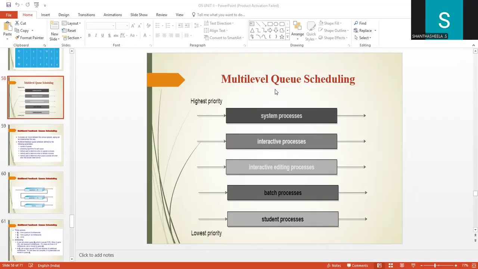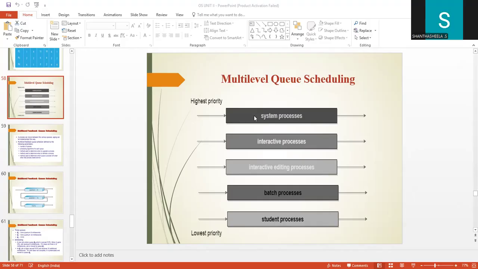See, in the diagram, at the highest priority, we have system processes. Each rectangular box denotes a ready queue. There are one, two, three, four, five queues here. Each of the queues has its own set of processes that are ready for execution.